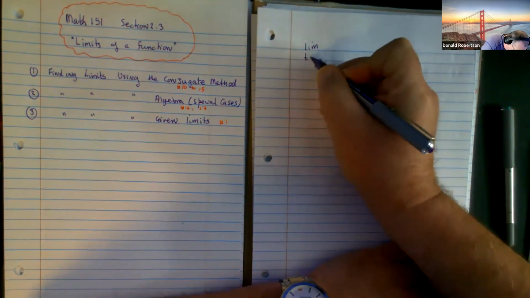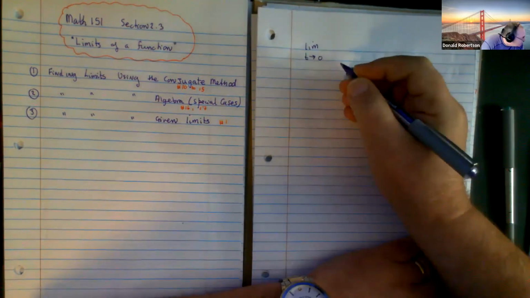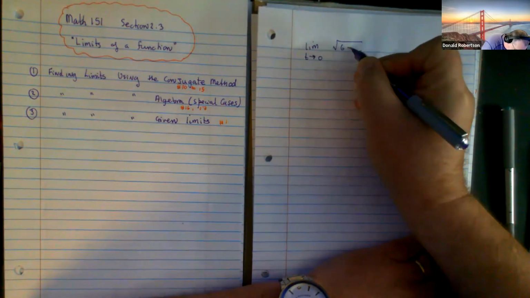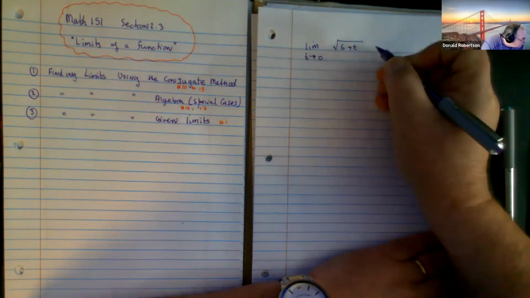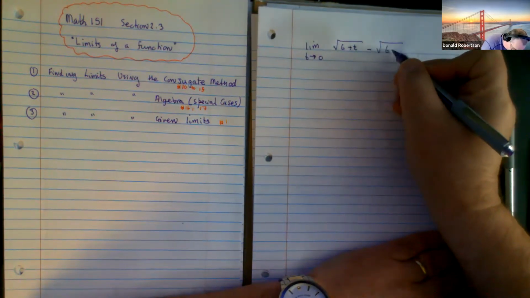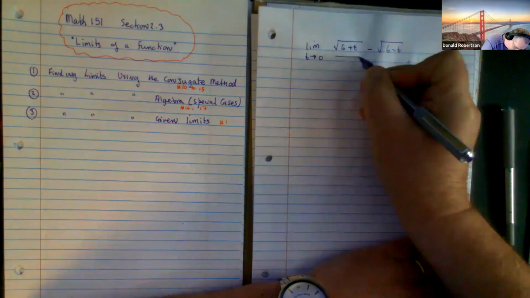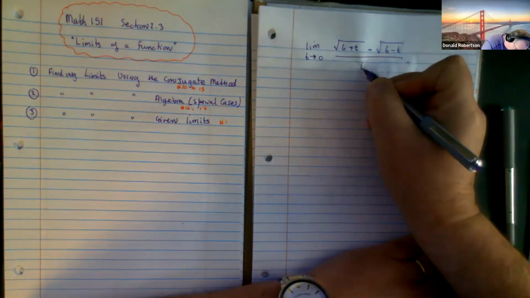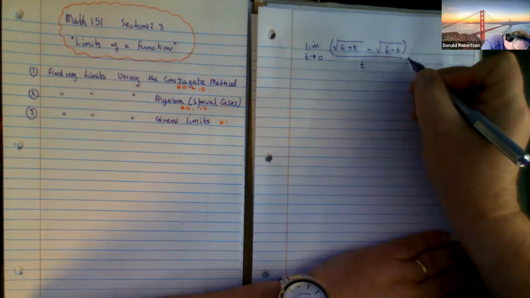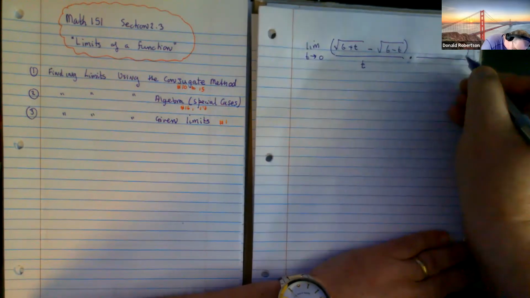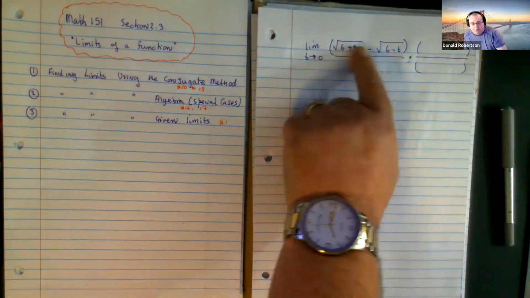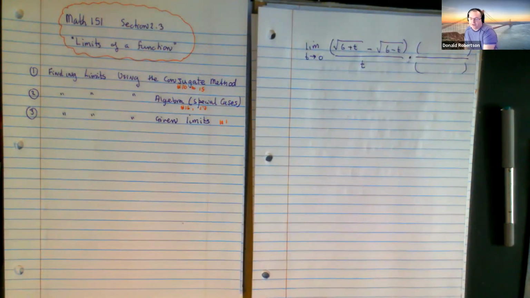So this one is going to be the limit as t tends to 0. Square root of 6, take away that guy, all over that guy. Well, there's square roots, so it's the conjugate method.